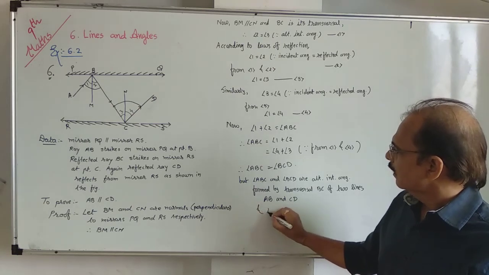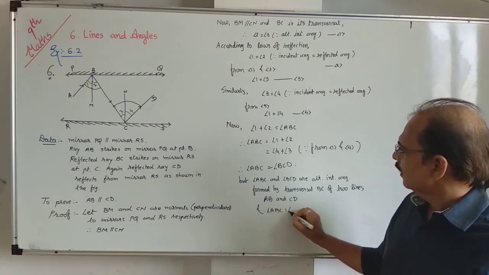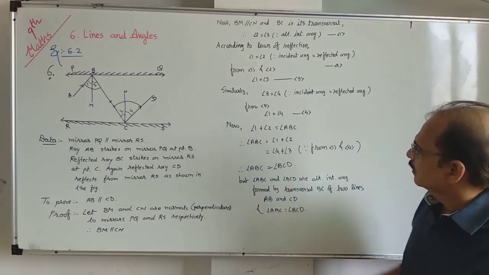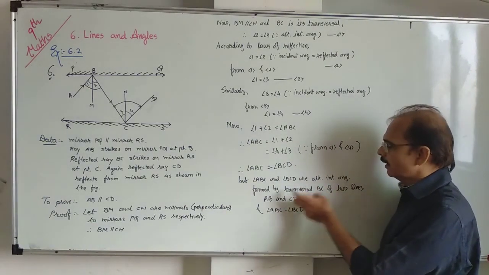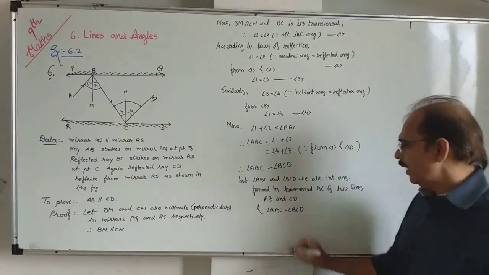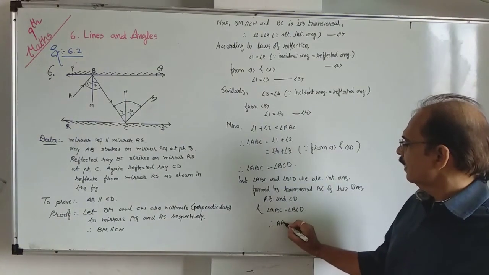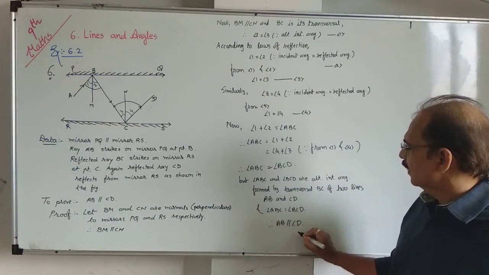Okay, and angle ABC equals angle BCD. We proved that if these two angles are equal, meaning alternate interior angles are equal, the lines are parallel. So from this we can write AB is parallel to CD.